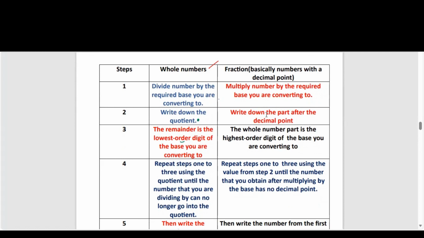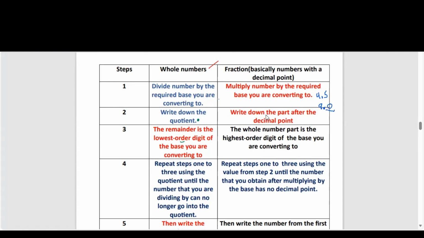Let's make it simple. If you had 4.5, you multiply by whatever base you want to convert to. If I multiply this by 2, I get 9.0.